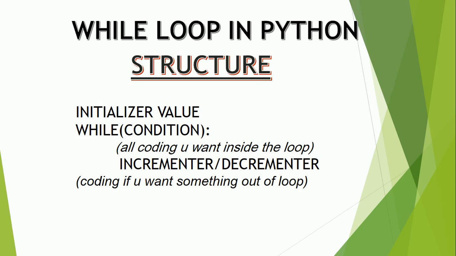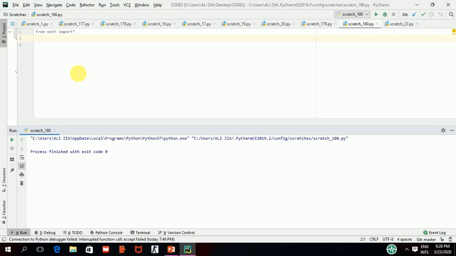Number one is to initialize the value, then write the while with the condition, and if the condition is satisfied, then all the code which you have written under it will be executed, and at each execution there will be an increment or decrement as you have given. So I am now going to give you the practical explanation by going to PyCharm, which is our IDE.